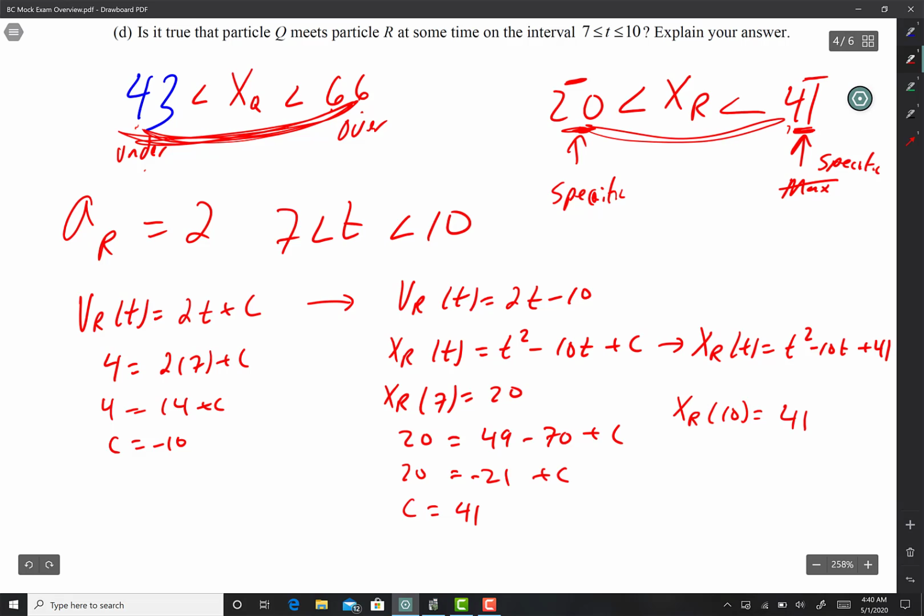Now, are those numbers within range? No, they're not.